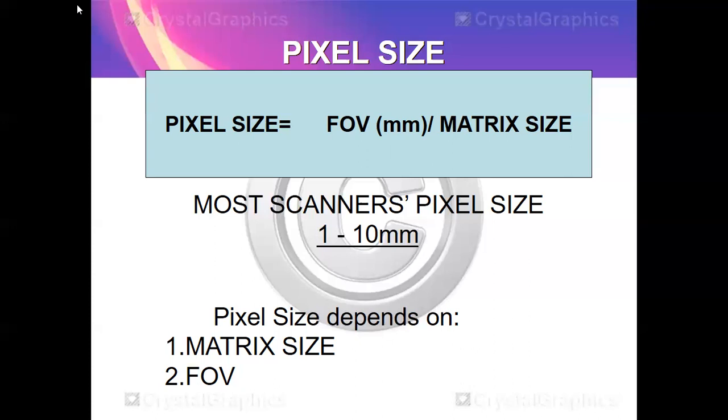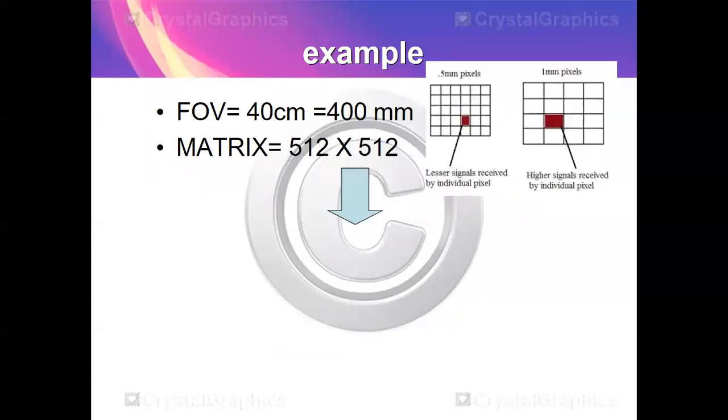So again, FOV and pixel size are directly related. Matrix size and pixel size are inversely related. Please take note of that. So for example, we have here the FOV is 40 centimeters, so it's about 400 millimeters, and the matrix is 512 by 512.